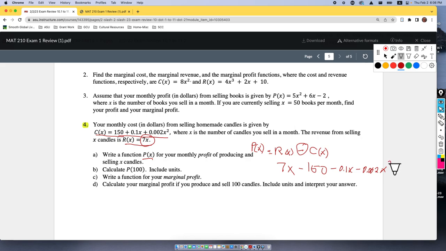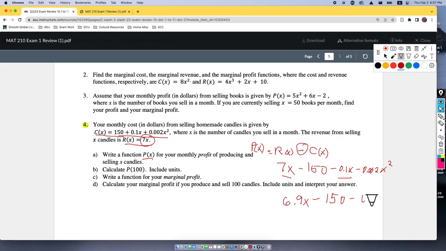X squared. And then we just need to combine like terms. So there's a 7x and there's a negative 0.1x. So that gives us, is that positive 6.9x? And we don't have to get it in any special order or anything.